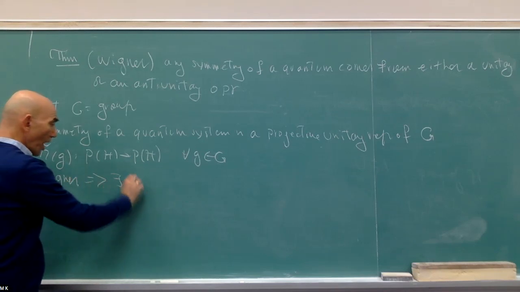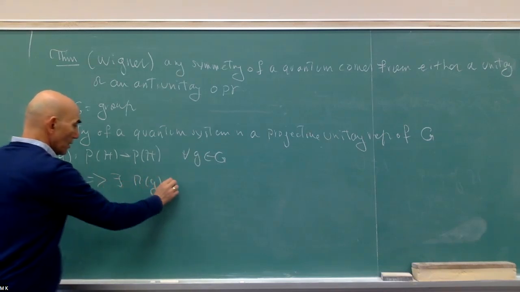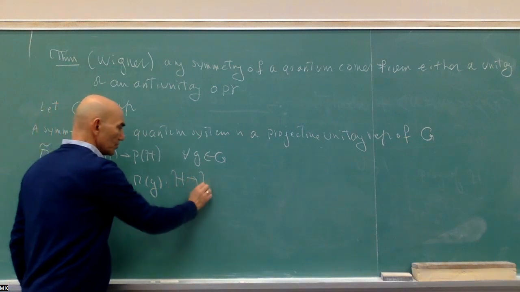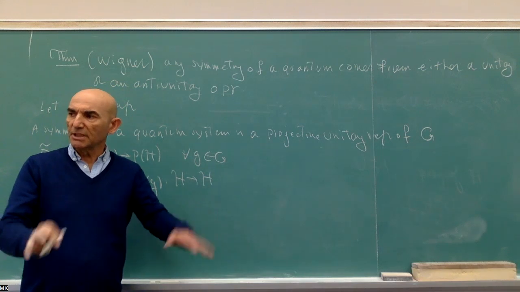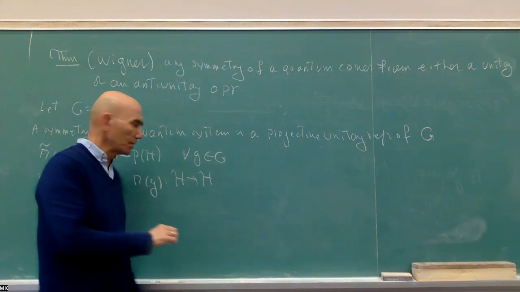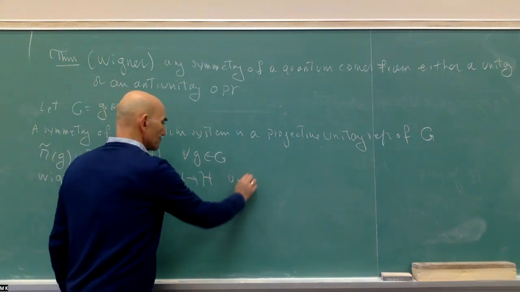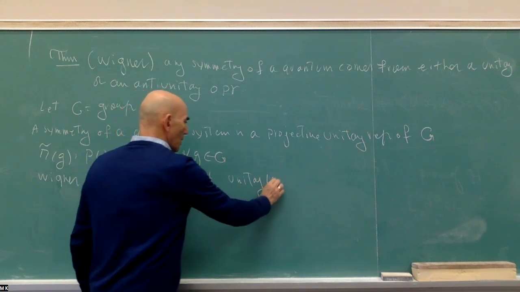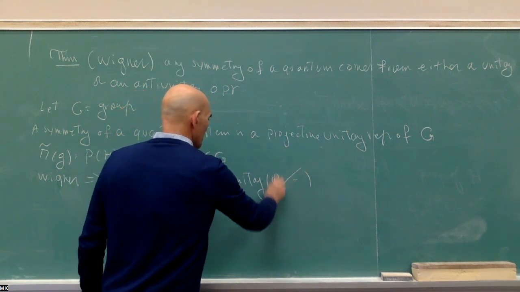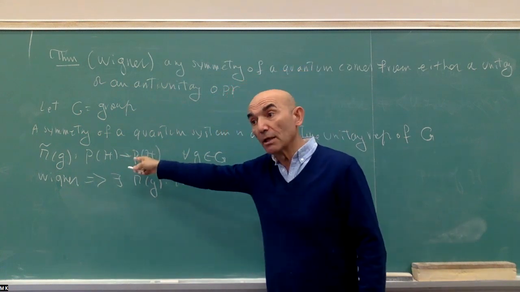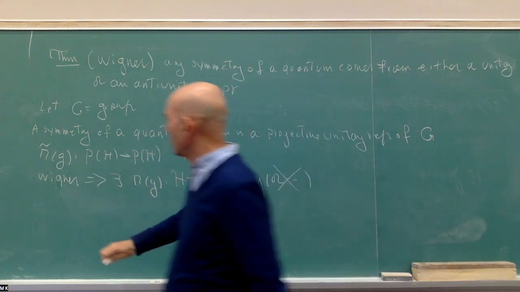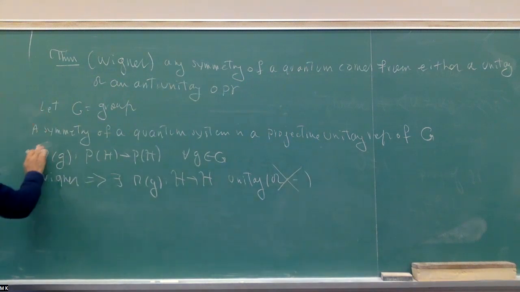So Wigner shows that there exists pi G from H to H. So let's assume we are working with the unitary, restricting our attention to the unitary part, or anti-unitary, which we don't care for now. That induces pi tilde, right? Maybe I'll call it pi bar because that's kind of reduction.